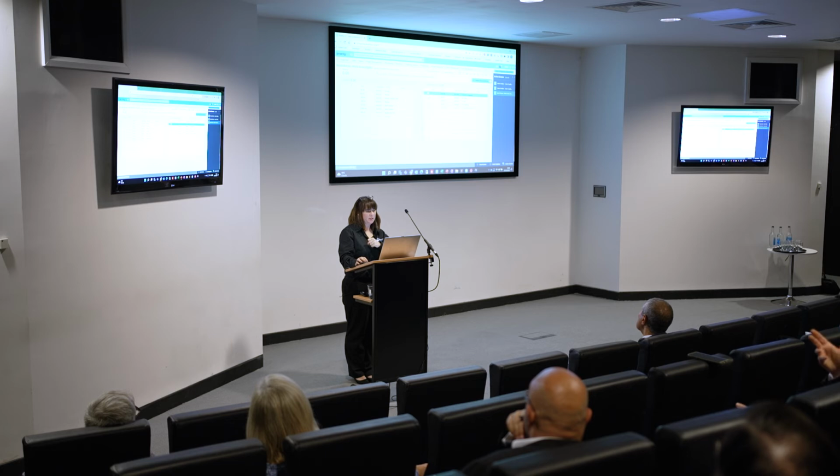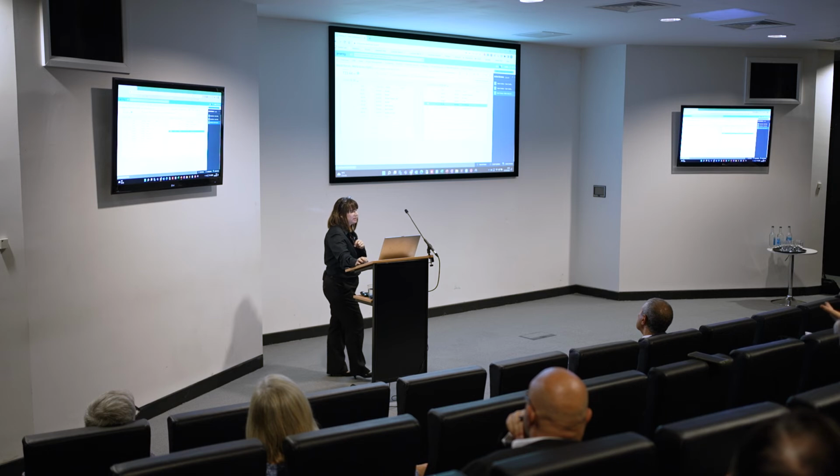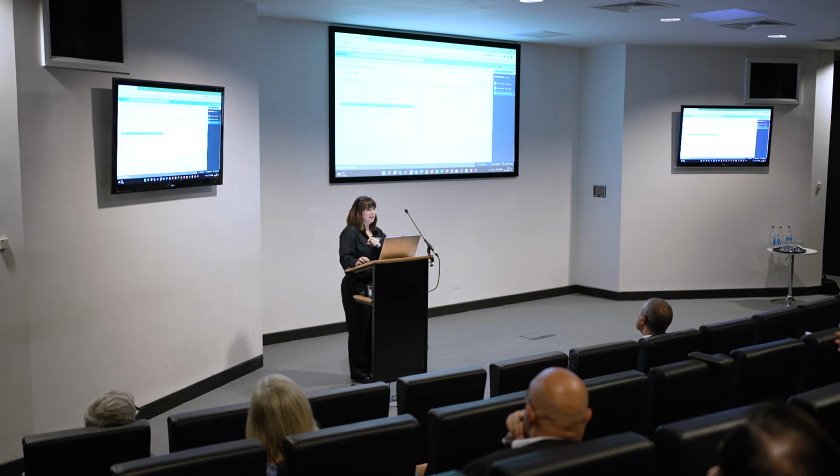If we then find something that nearly matches, so here we've got this one is 133 and this one is 123. So they nearly match, and let's say that their variance is because of exchange rate adjustment.